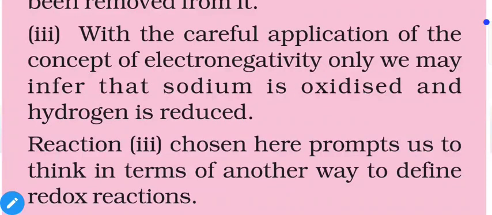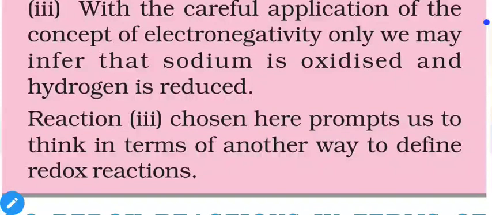So the third reaction is quite unusual compared to the others because according to the definition addition of hydrogen should be reduction, but in that reaction addition of sodium is considered as reduction. That means addition of hydrogen in the last reaction is oxidation. So it is opposite to what we discussed in our definition.